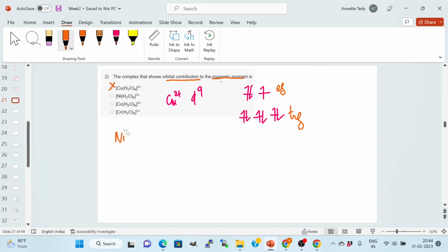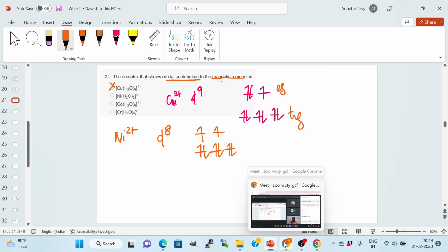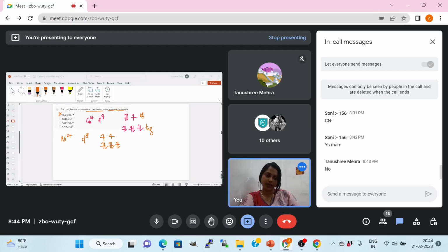Now, nickel 2 plus. Nickel 2 plus has d8 electrons. So T2G again, 3, 4, 5, 6, 7, 8. In this case, will it have orbital contribution? Right.